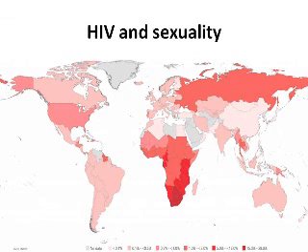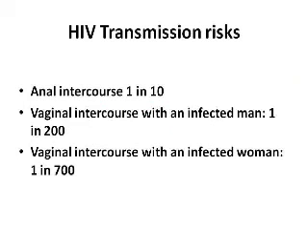So it's important to know this data for epidemiological reasons. HIV, of course, is related to sexuality, because sexual contact is a way that the HIV virus may be transmitted. So let's take a look at some HIV transmission risks when it comes to sexuality.